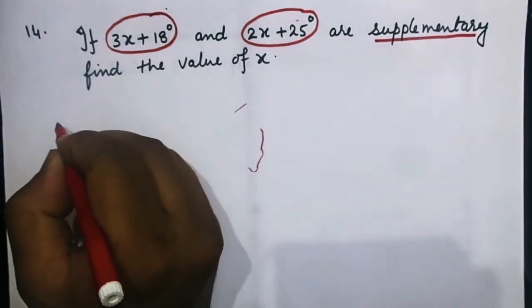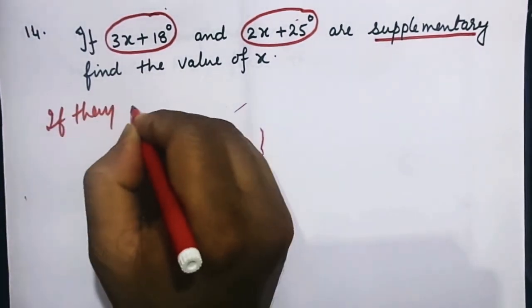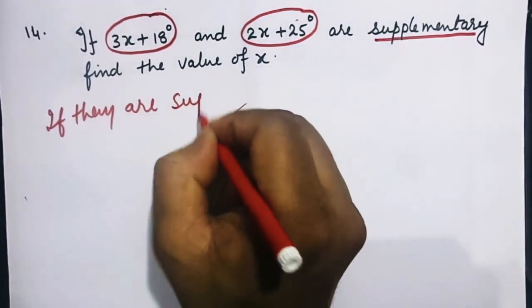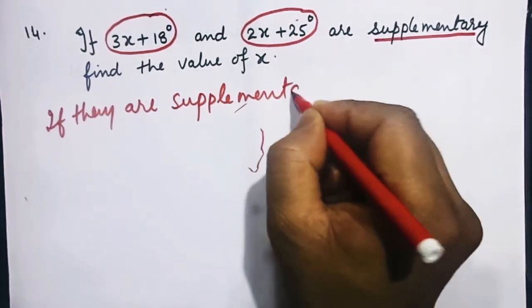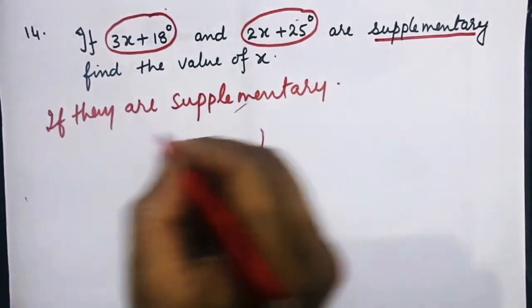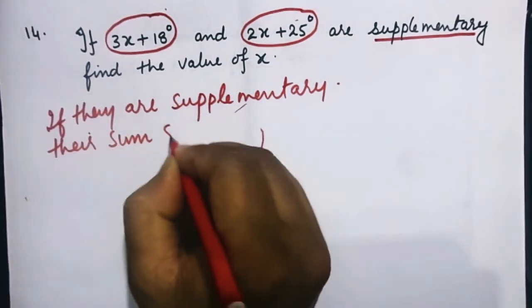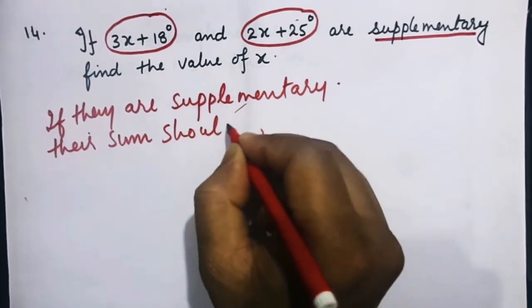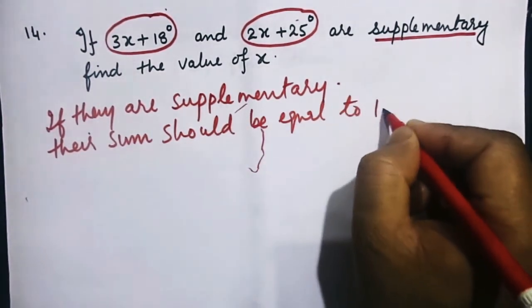We will write in this way: if they are supplementary, then their sum should be equal to 180 degree.